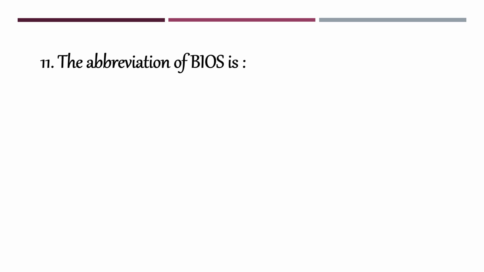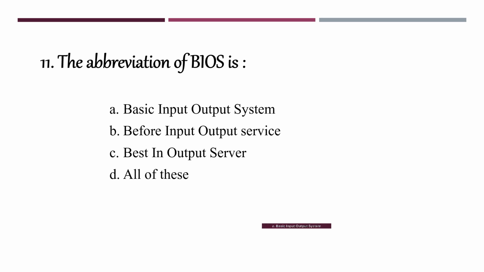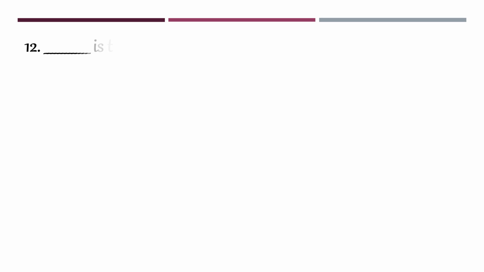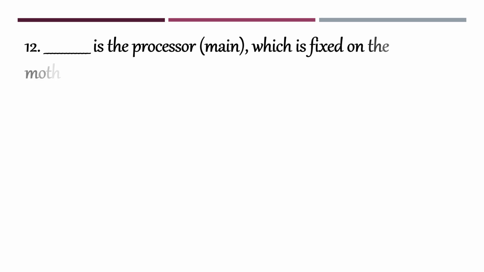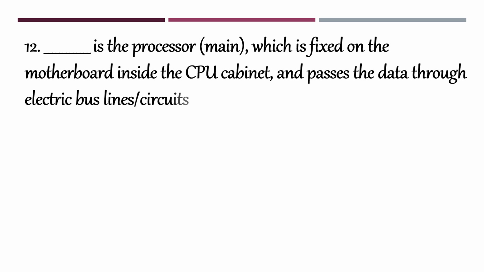The abbreviation of BIOS is Option A, Basic Input-Output System. Dash is the processor, which is fixed on the motherboard inside the CPU cabinet, and passes the data through electric bus lines, or circuits.